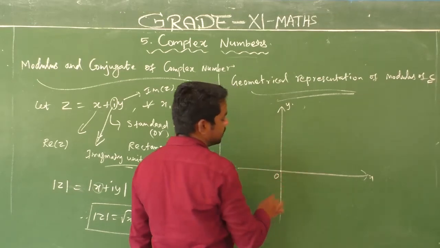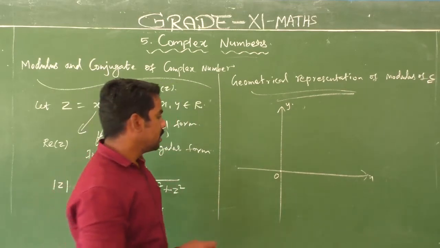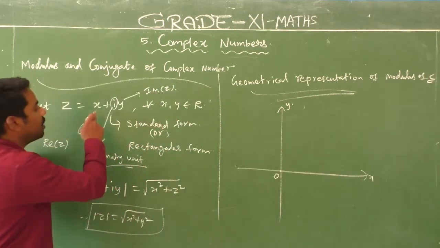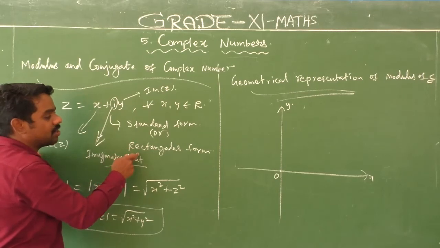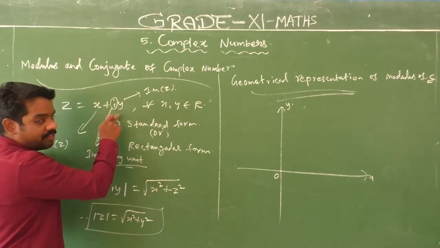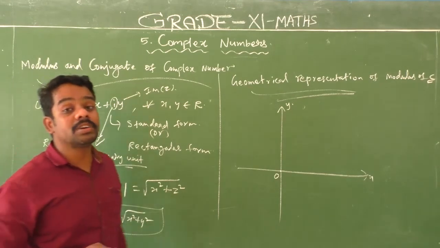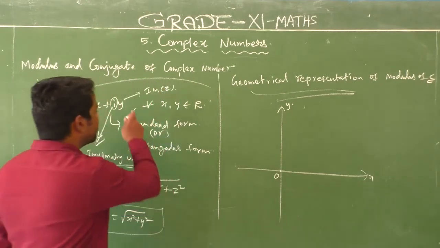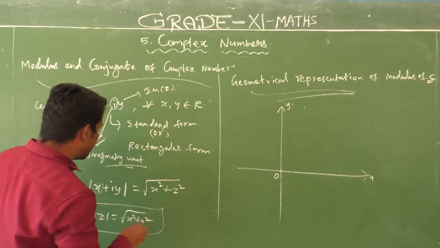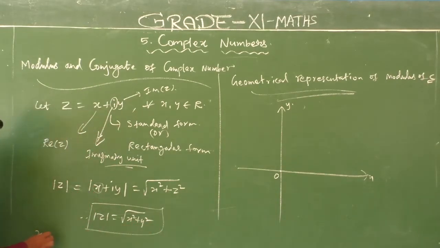A complex number x plus iy in standard form is written as an ordered pair x comma y. This is the ordered pair, the coordinate point of x plus iy.